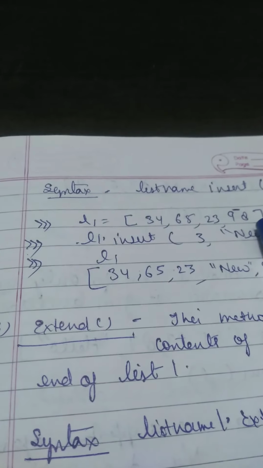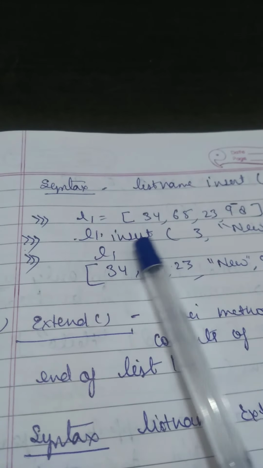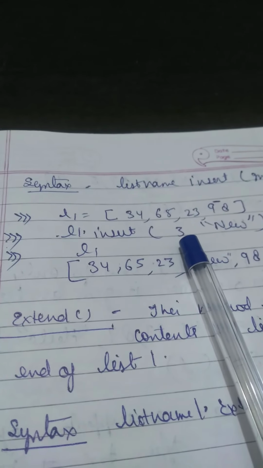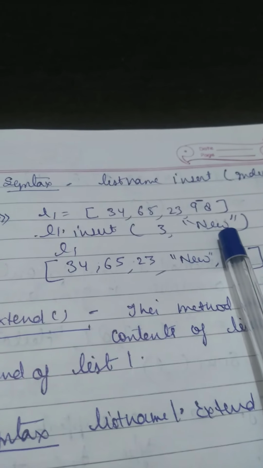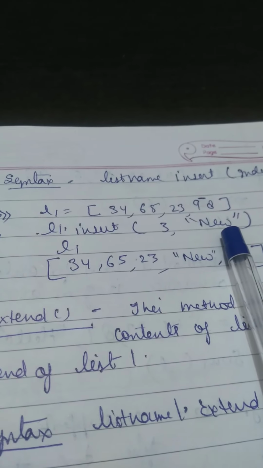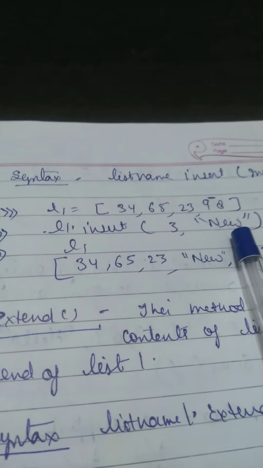Now this is a list with these numbers given. L1 dot insert 3 means its position, and at the third position you have to enter this string. This string you have to insert because we are using the insert function.